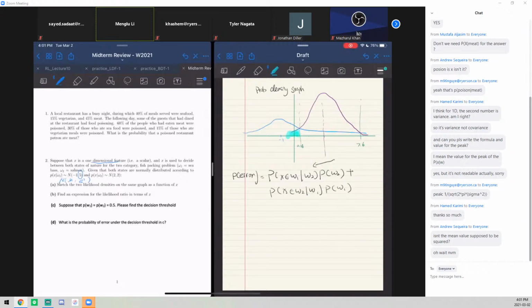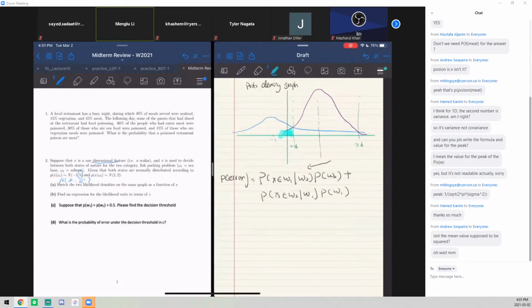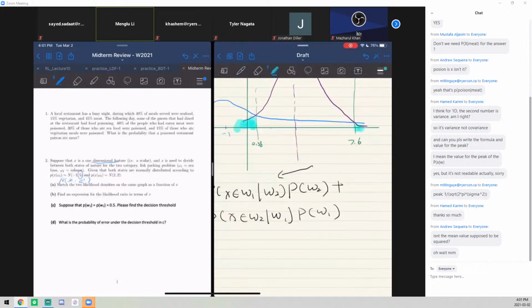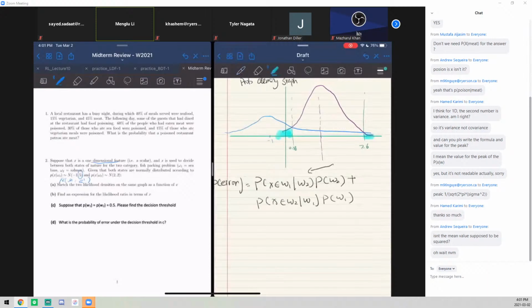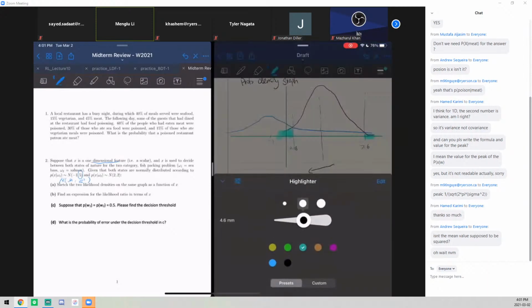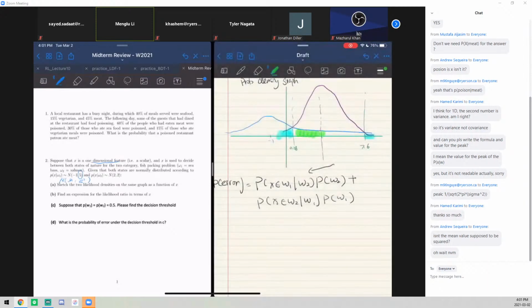That's area 1. The second area is under the purple line with x bigger than 7.6. That's area 2. And area 3 is here, where x is between 0.38 and 7.6, also under the blue line. Those are the 3 areas that are misclassified.